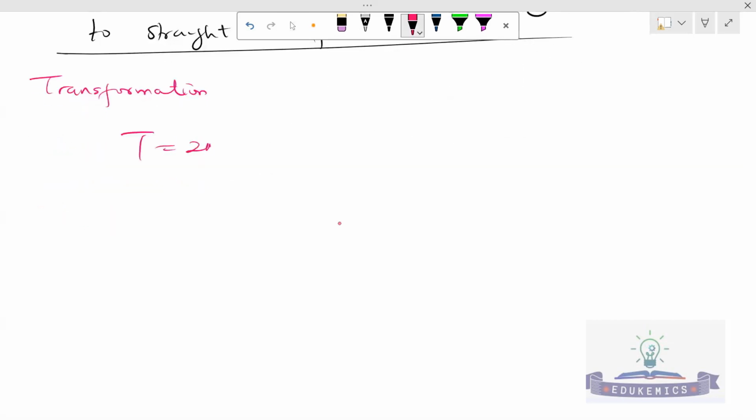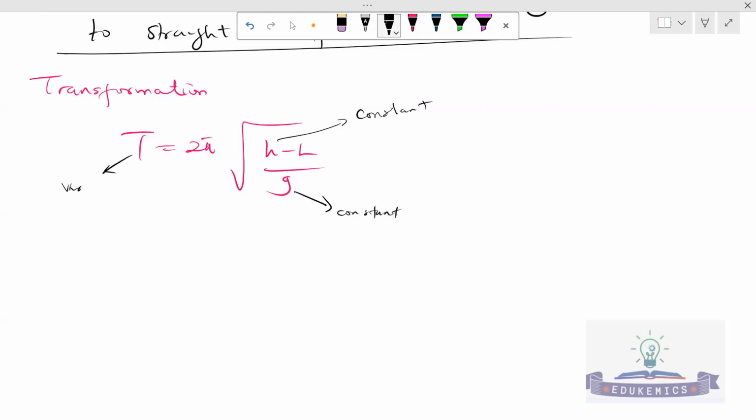If we have T equals 2 pi square root of L over g, where T and L are variables and g and h are physical constants. So g is a constant, 2 pi we know is a constant, and T and L are variables.